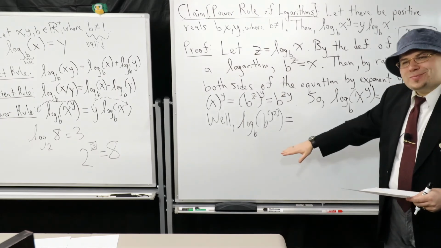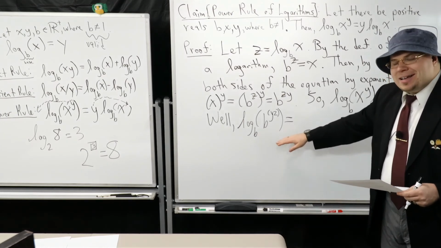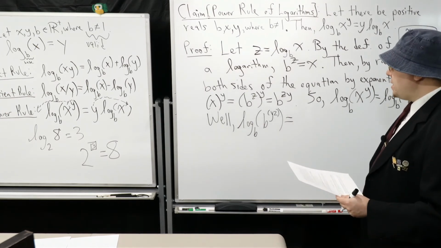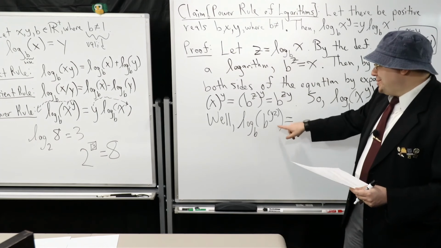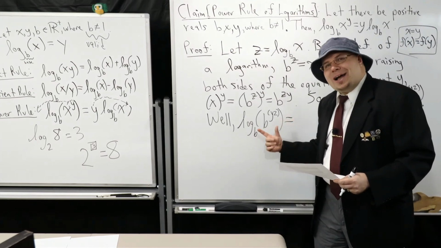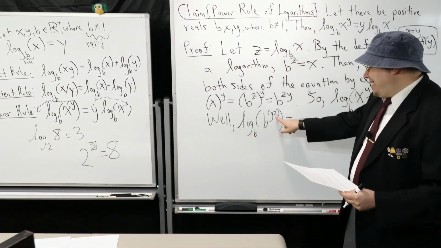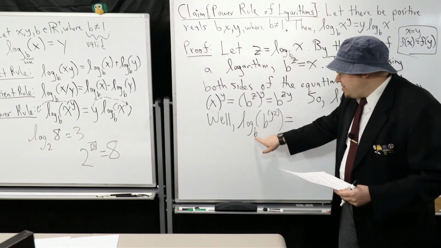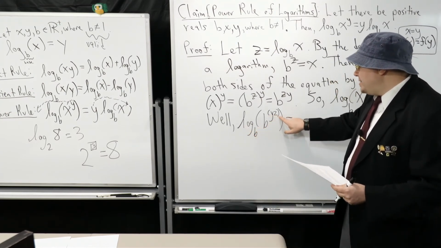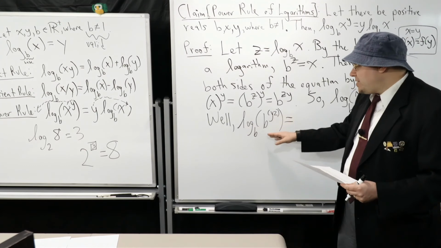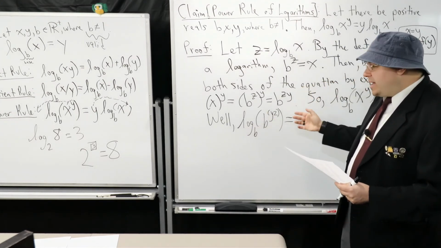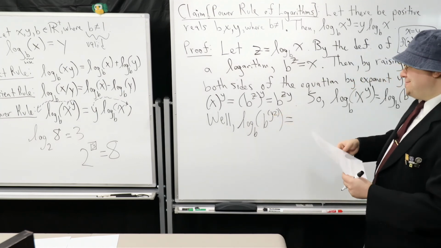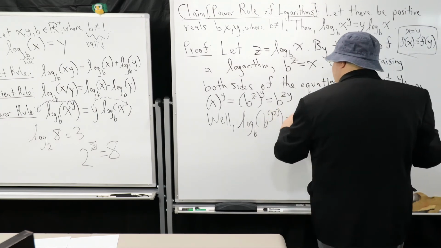Well, look, what is this equal to? I already gave you the answer. It's sitting right here, right? So log base b of b to the yz. I've asked you, b to the what gets me b to the yz? Well, it's right here, right? It's y times z.